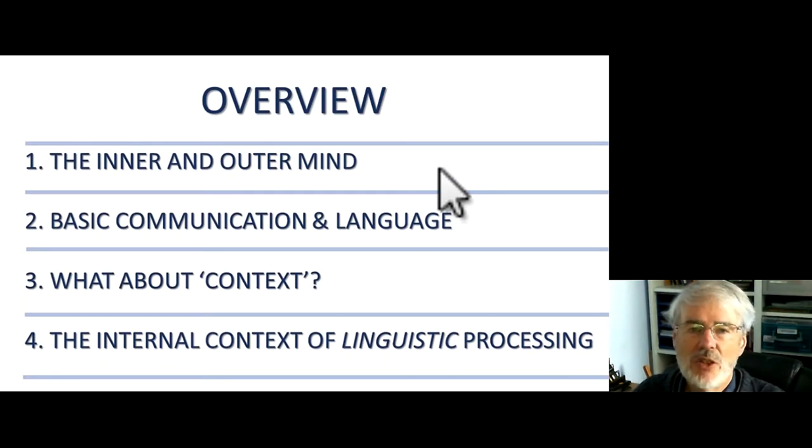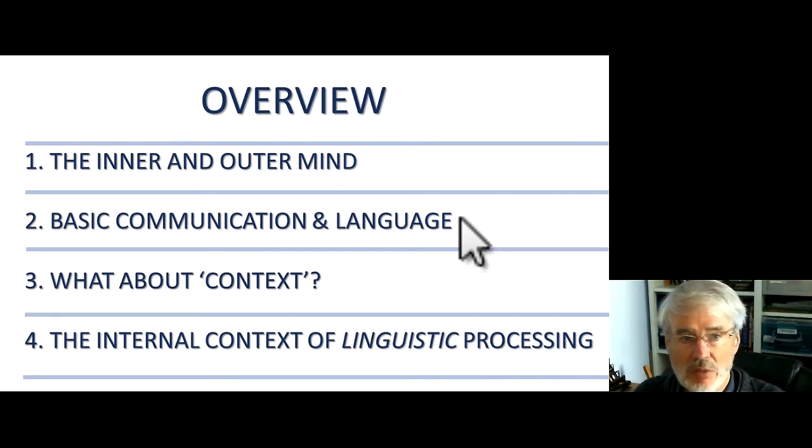Let's now look at the overview. First, I'm going to be talking about the inner and the outer mind, then about what I call basic communication and language, and making a distinction between the two. Language being something that humans possess, basic communication being something that all animals possess to a greater degree or lesser degree of sophistication, and which we often call language in an informal way.